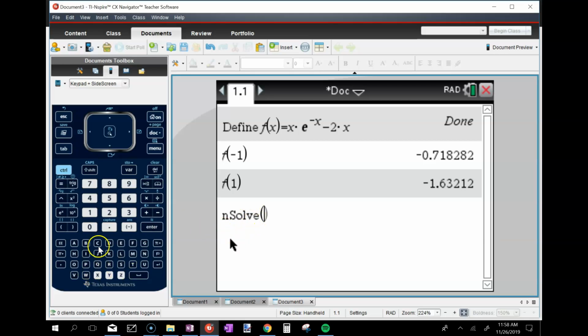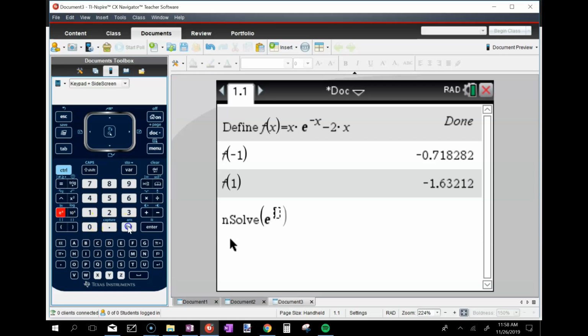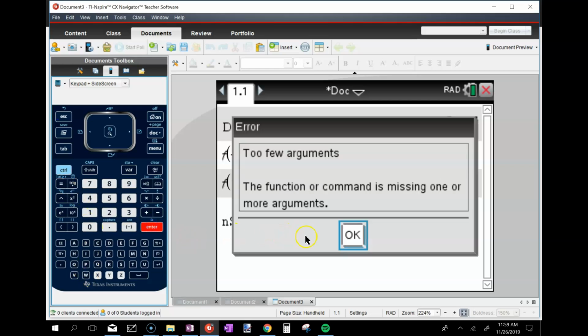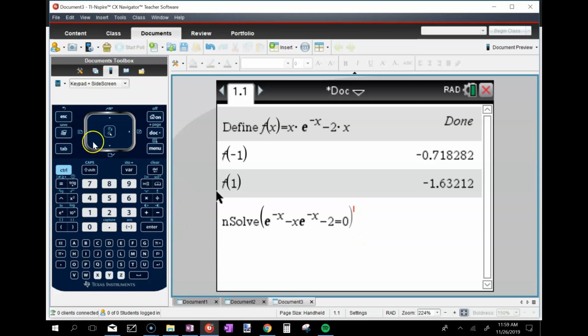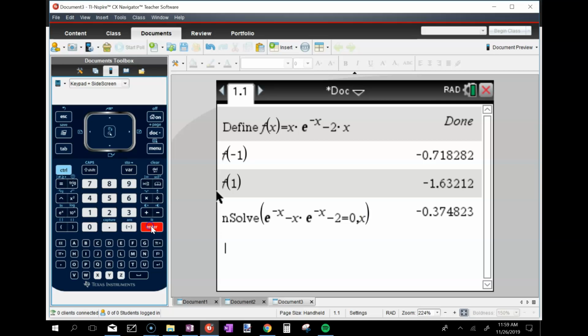We had e to the negative x, plus, or no, it was minus x e to the negative x minus 2. And I want to know where that equals 0. Oh, what do I got to do? Comma x. Thank you. Comma x. Boom.